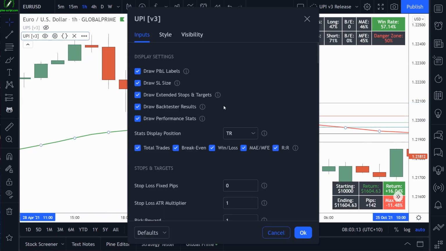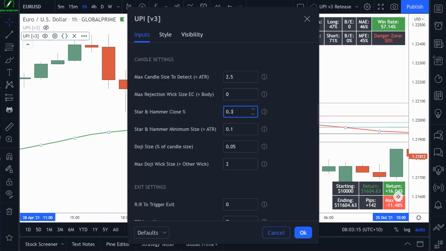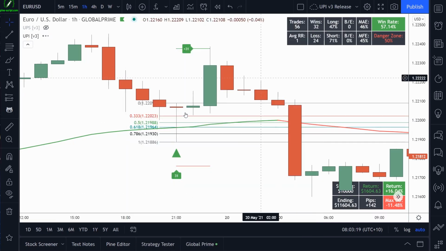If I set it to 33.3, for example, that now means that in order for a hammer candle to be considered valid, the body must open and close above the 33.3% high, so the upper third of the total candle size.